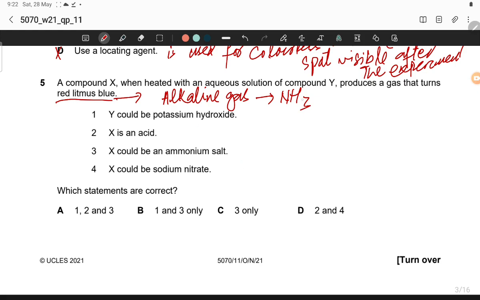Yes, Y could be potassium hydroxide, because if ammonia gas is produced, Y is an alkaline solution. X is an acid. This is incorrect. X could be an ammonium salt.